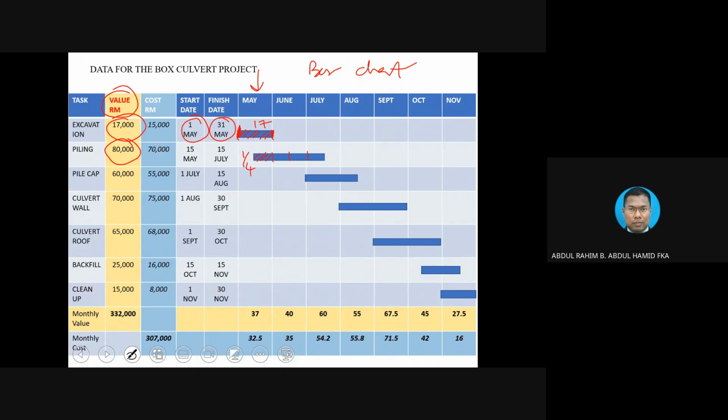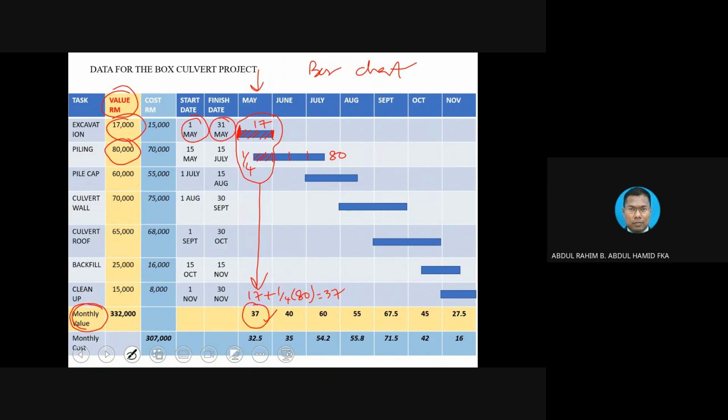And the whole bar, how much is it worth? It is 80, isn't it? So on the month of May, I take this into account, and you notice how do I get 37? 37 is 17 plus 1/4 of 80. So I got the first amount based on monthly value, see?